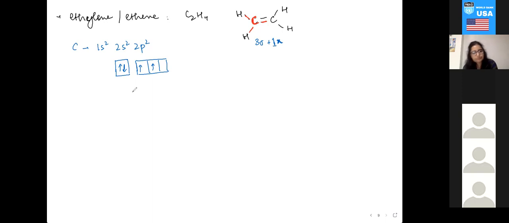Yes, because all the electrons need to be distributed. So this electron gets excited over here. This is the ground state, and after excitation, it's the same story repeating.